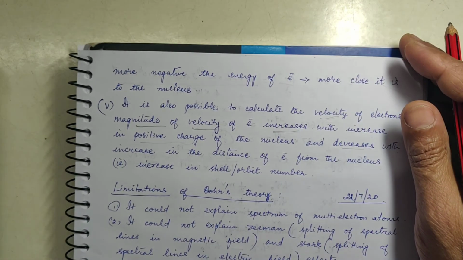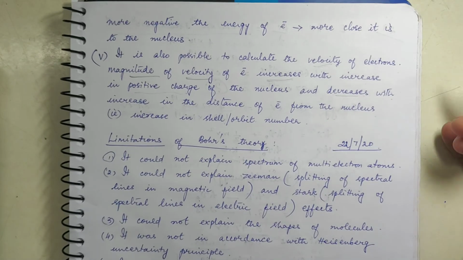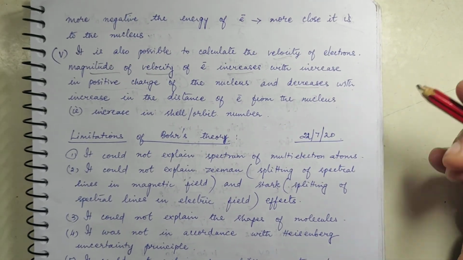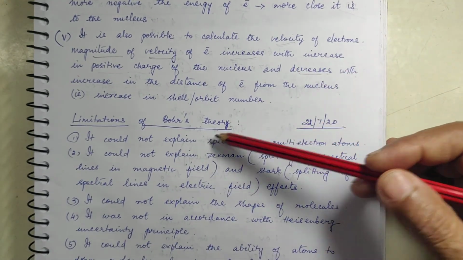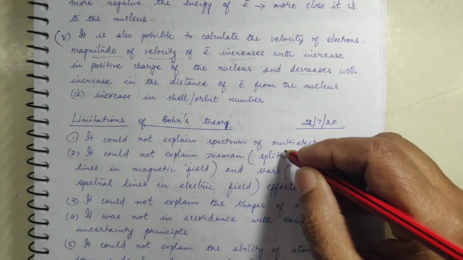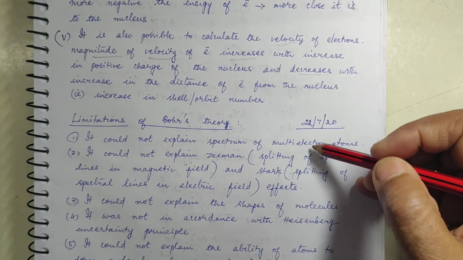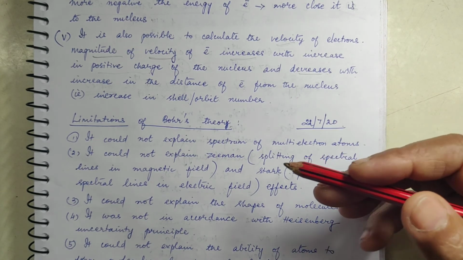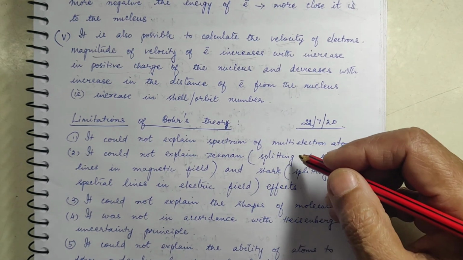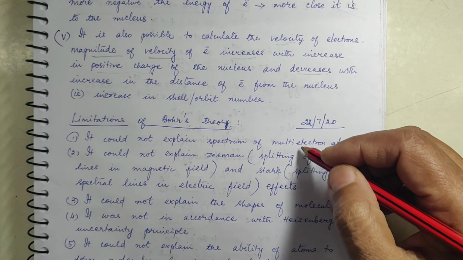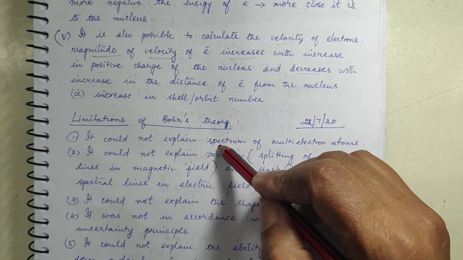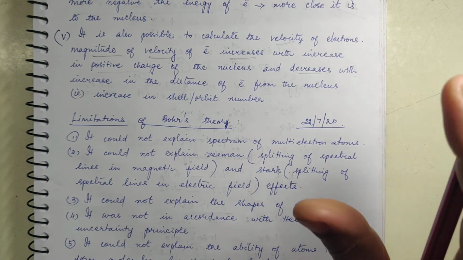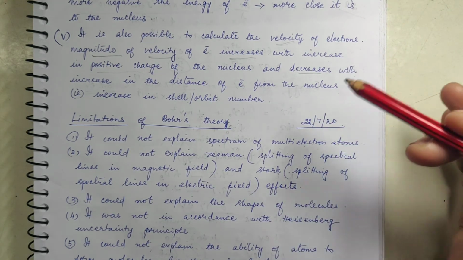Right. Now what are the limitations of Bohr's postulates? It could not explain the spectrum of multi-electron atoms. See, it is able to explain only for Li2 plus, then He plus. So where there is only one electron, only for such electrons, the theory is able to explain the spectrum, not for multi-electron atoms.